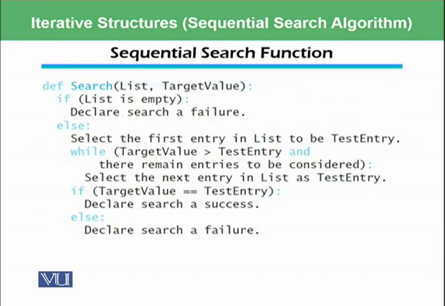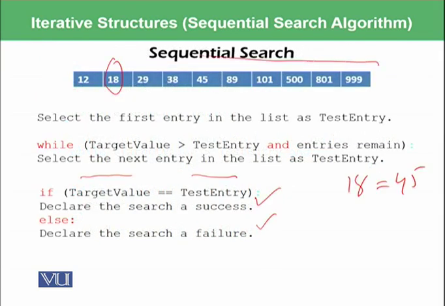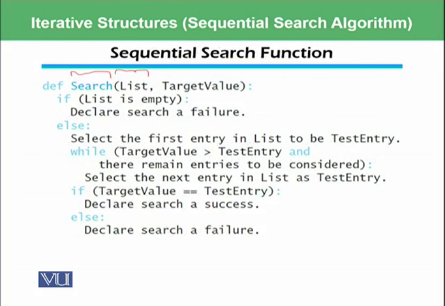So if we want to write the proper pseudocode of this sequential search function, first of all we define def search. This is the name of the function as we have described, and this is the list. This list contains all of the numbers which are available over here, and then the target value, which we discussed as 45 in our previous example. First of all we are checking whether the list is empty.